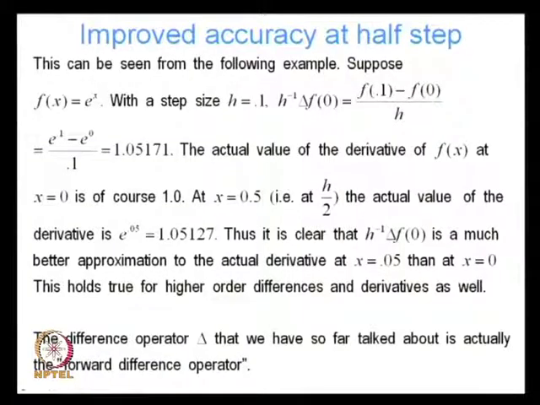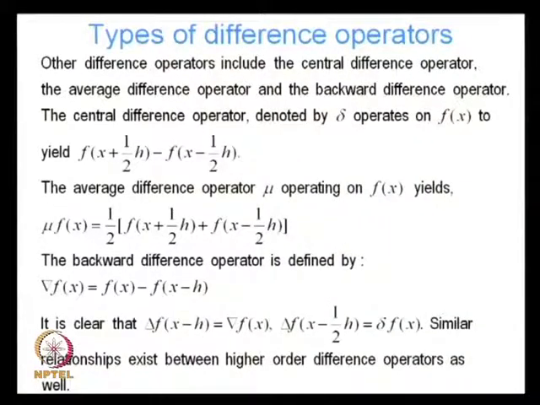But there are other difference operators as well. For instance, we have things like the backward difference operator, the central difference operator, the average difference operator, and things like that, right? And it turns out that all these operators are related to each other. So let's take a quick look. Other difference operators include the central difference operator, the average difference operator, and the backward difference operator.